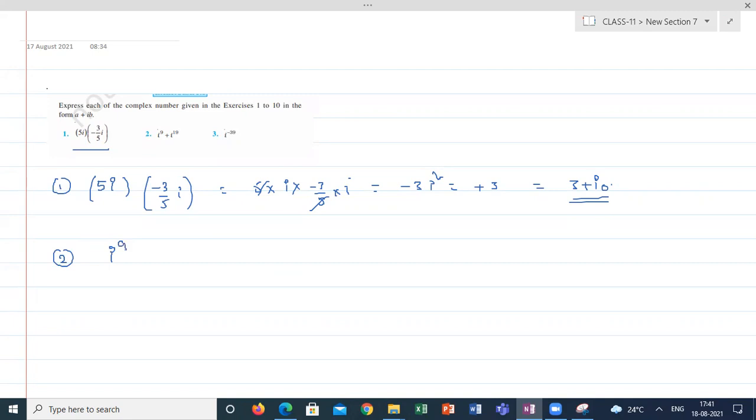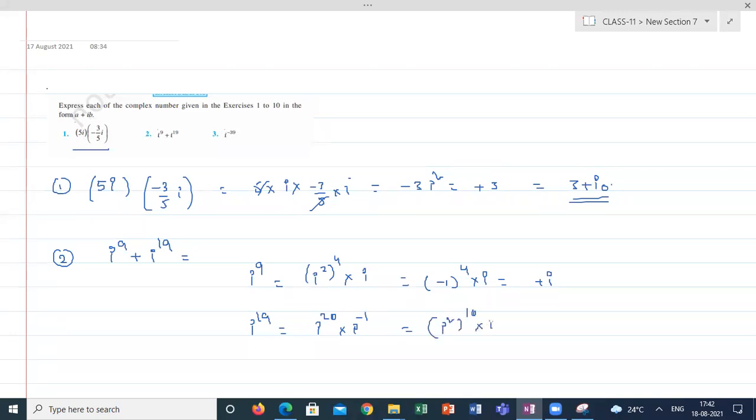Second question, with the help of powers of i. What is the i power 9 value? i power 1, i square whole power 4 into i, correct? Minus 1 whole power 4 into i. This is plus i. i power 19 is, I can write i power 20 into i power minus 1. i square whole power 10 into i power minus 1.